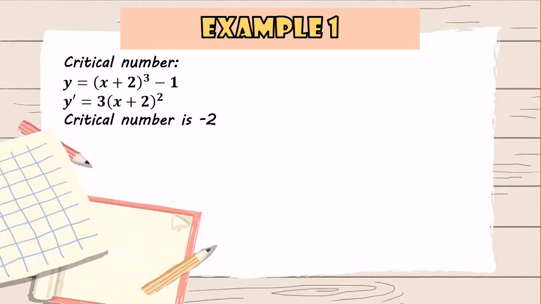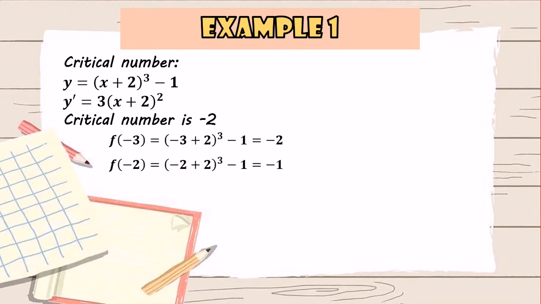So to get the absolute maximum and minimum values, we will substitute the endpoints of the given interval and the critical number into the original function. So for f(-3), we have negative 2.